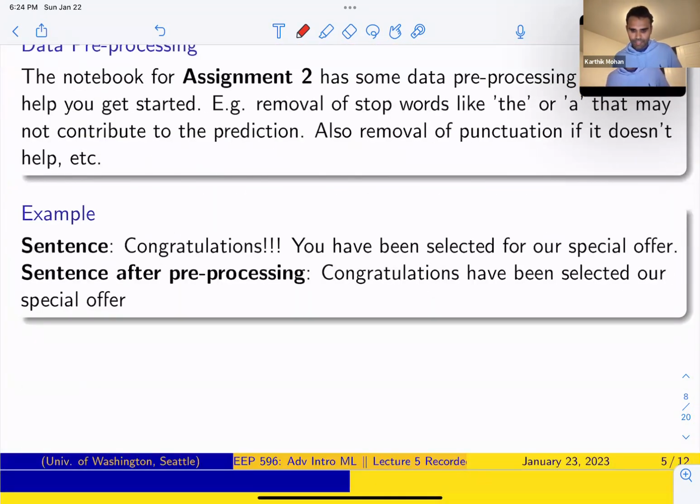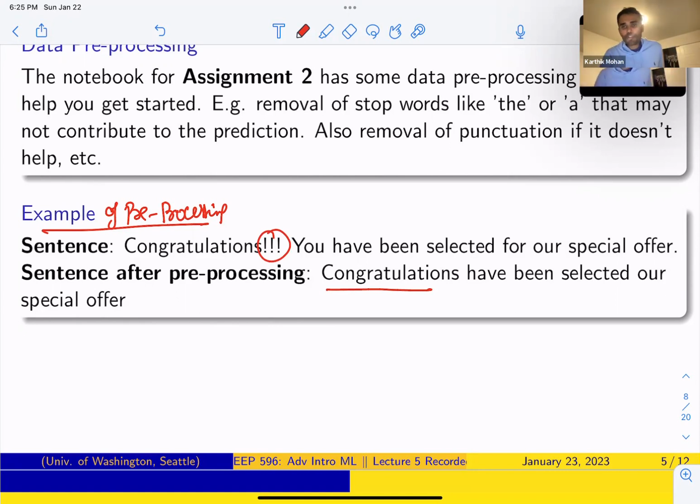So what's an example of pre-processing? We have a sentence, let's say a spam sentence: "Congratulations, you've been selected for a special offer!" Maybe after pre-processing, you have something that looks like this: congratulations, and we remove the exclamation mark, have been selected, special offer. So kind of removing some of the other filler words. But sometimes you may not want to do this pre-processing.